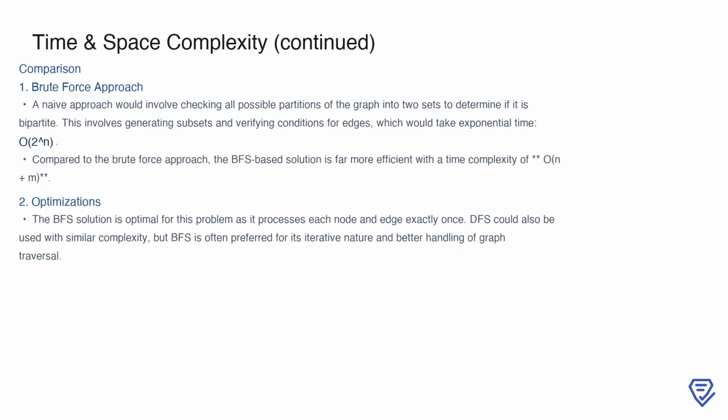In contrast, the BFS-based approach is significantly more efficient, with a time complexity of just O(n + m). This is because it processes each node and edge exactly once. While depth-first search, or DFS, could also be used to solve this problem with a similar time complexity, BFS is often preferred for its iterative nature and its ability to handle graph traversal in a more structured and predictable way.